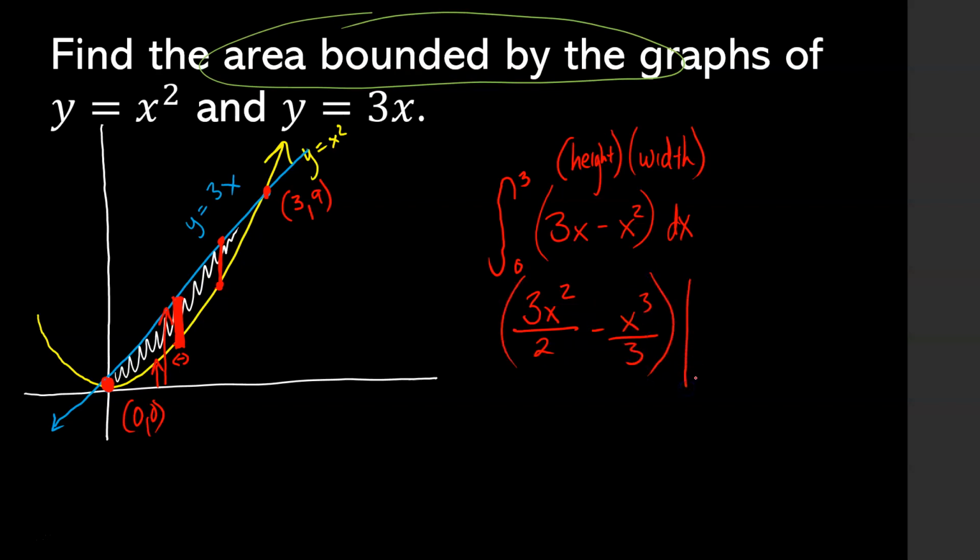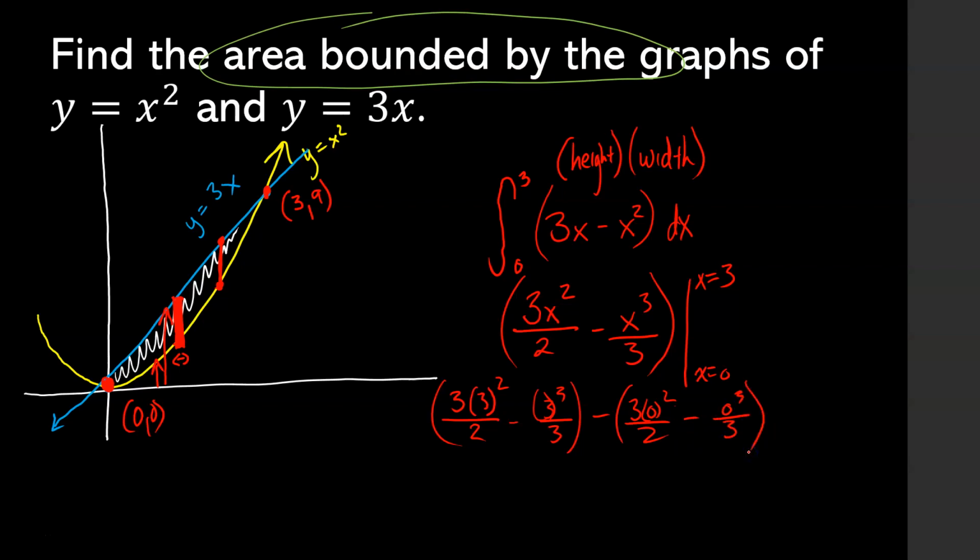And we're going to evaluate that from x equals 0 to x equals 3. 3 times 3 squared over 2 minus 3 cubed over 3 minus 3 times 0 squared over 2. Oh, no parentheses yet. Minus 0 cubed over 3.